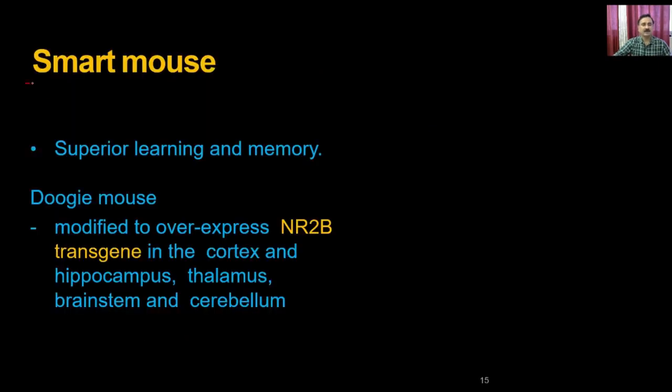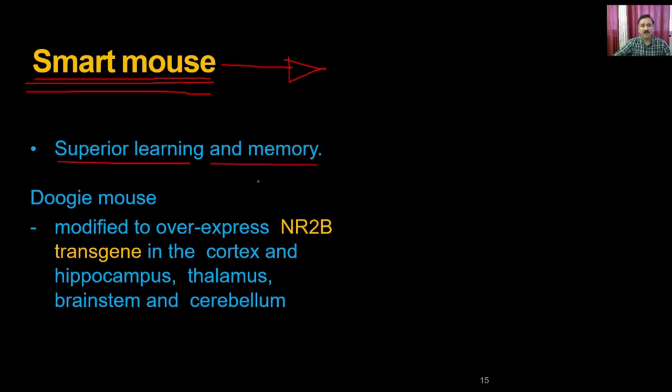Then you have the smart mouse. If you want to understand how intelligence works, you can have a transgenic model, and that model is called the smart mouse because it has superior learning as well as memory power.